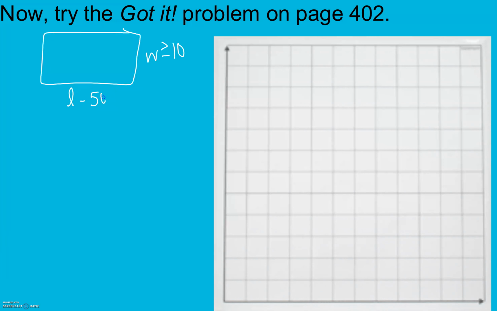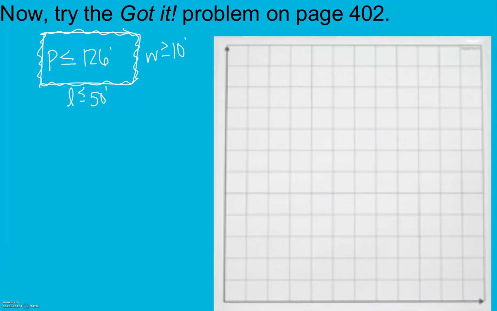So it could be exactly 50 feet or it could be less than 50 feet. It also says that the total amount of fencing we have is 126 feet, which means the whole way around, our perimeter could be less than or equal to 126 feet.